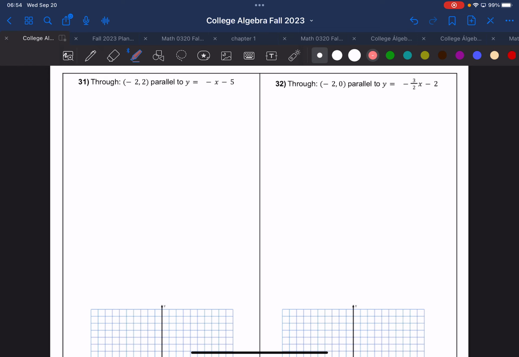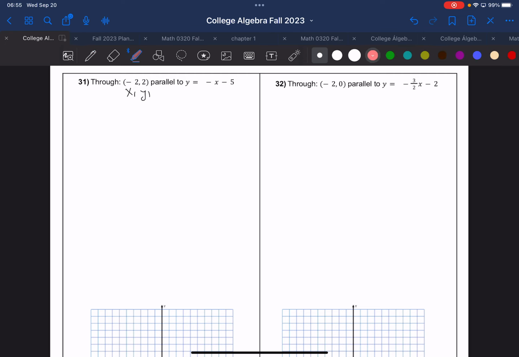So for number 31, it says through negative 2, 2, parallel to y is equal to negative x minus 5. So the point that they give us, that is our x1, y1. Always.